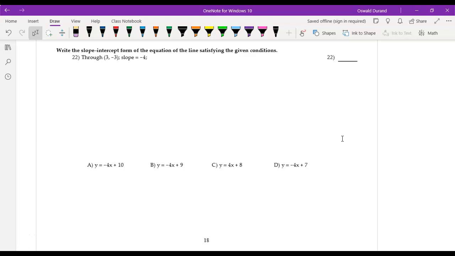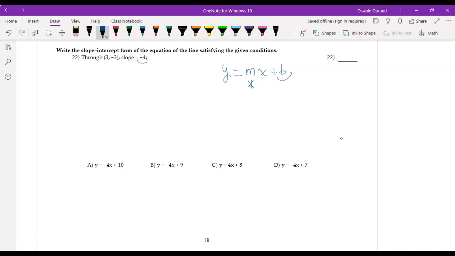Okay. All right. So here we want to write an equation in slope-intercept form, meaning y equal mx plus b. And so how do I find that? Given this slope, well, we know the slope is going to go right here.